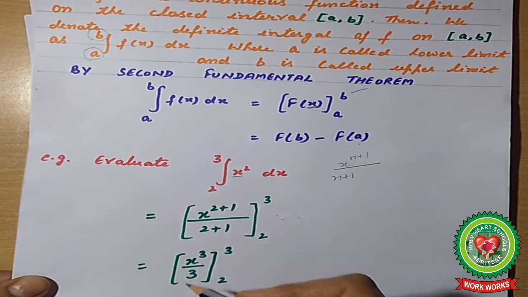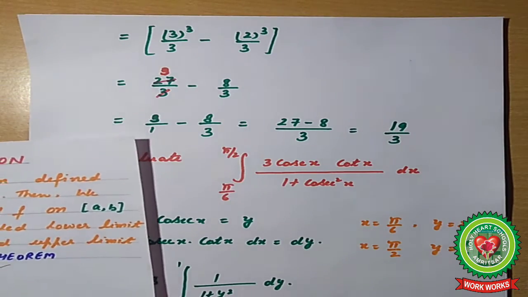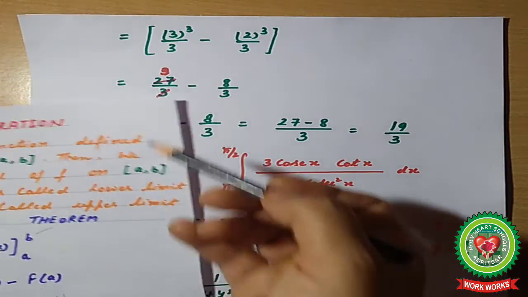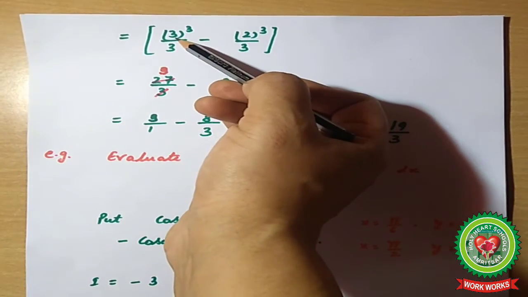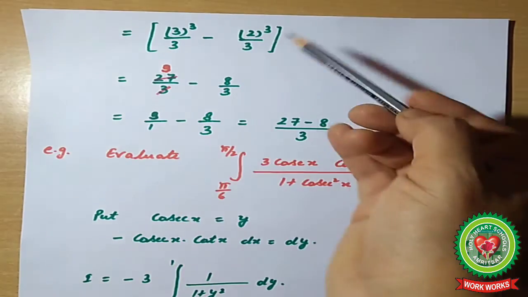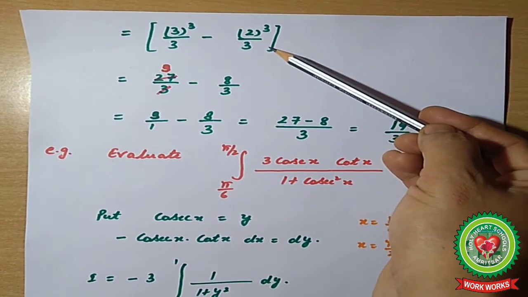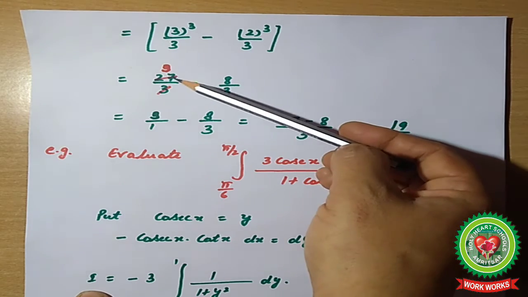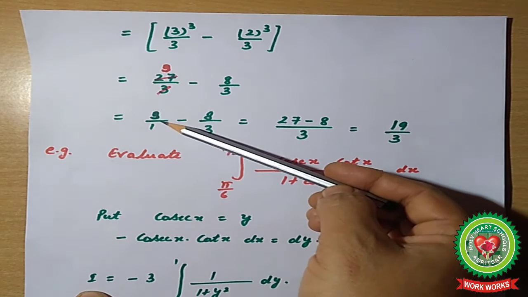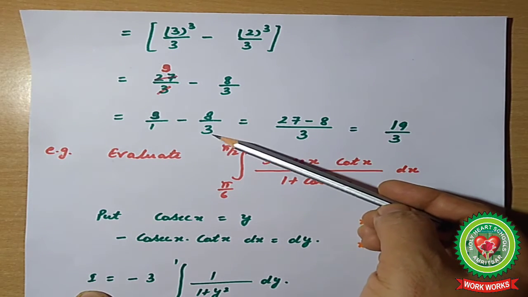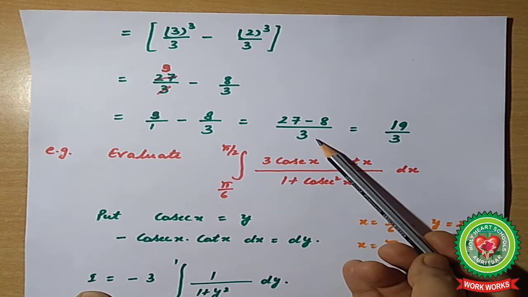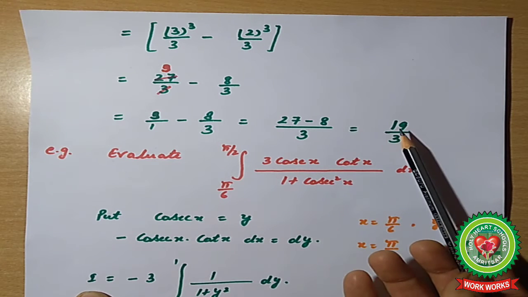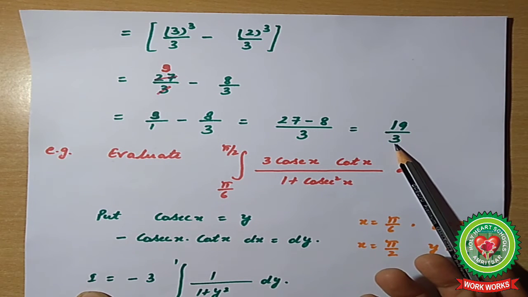We can take 1 upon 3 as a common number. When we put the upper limit, 3 cube upon 3 minus 2 cube upon 3. When we solve, it gives 27 minus 8 upon 3. When we take the LCM, we find the answer 19 upon 3.